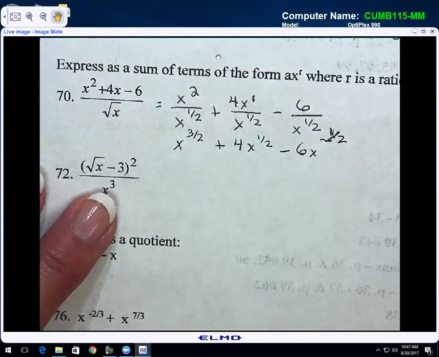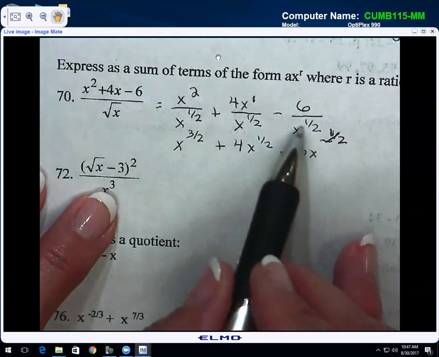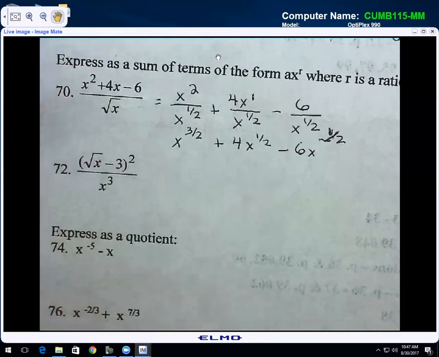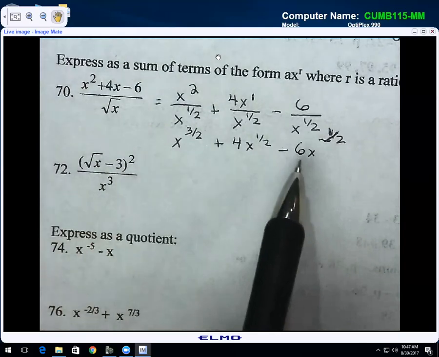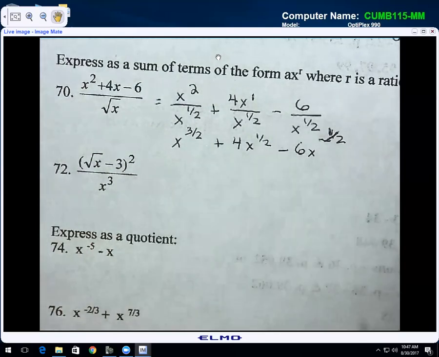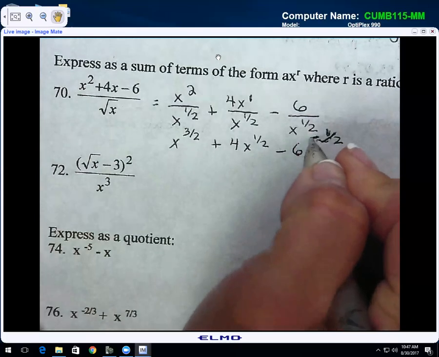No, but what would mean the same thing as this? 6x to the 0 would be just 6. X to 0 is just 1. What causes a variable to be in the denominator? 6x to the negative 1/2.